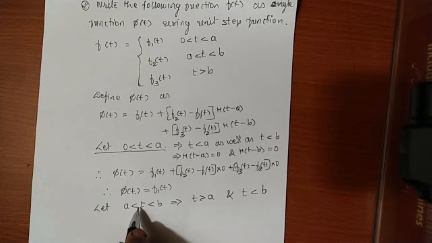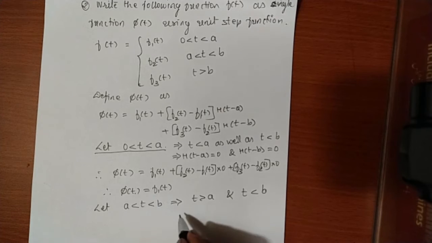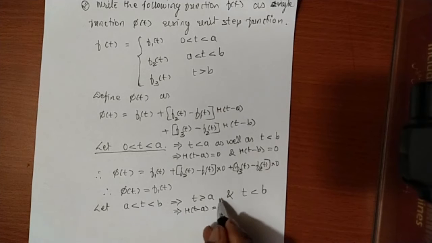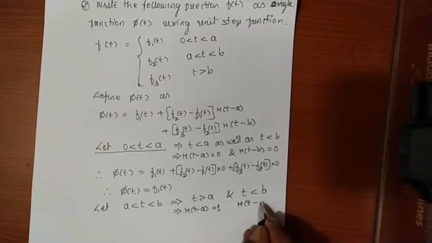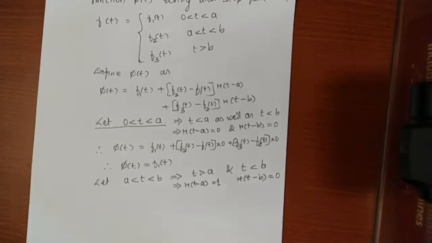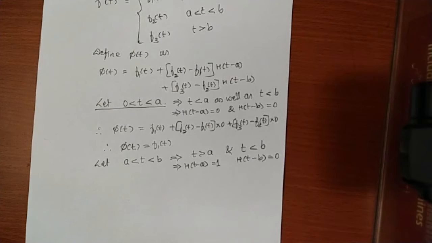So this implies H(t minus a) is 1 because t is greater than a, whereas t is less than b, therefore H(t minus b) will be 0.